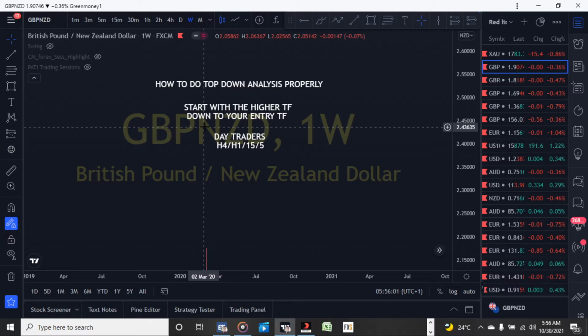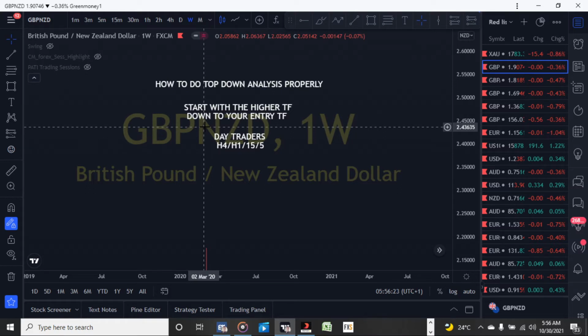As a day trader, you don't have to do much work. You can do this top-down analysis on weekends, like on Saturday, the close of the week. You see how the week closed, and then your expectation of next week, where price is possibly going to go, or what exactly is going to happen with the pair you're looking at.